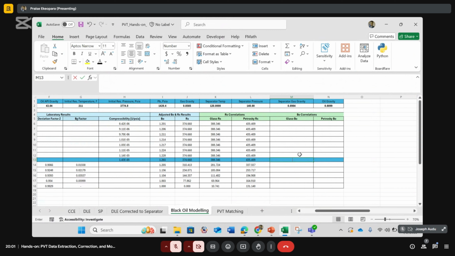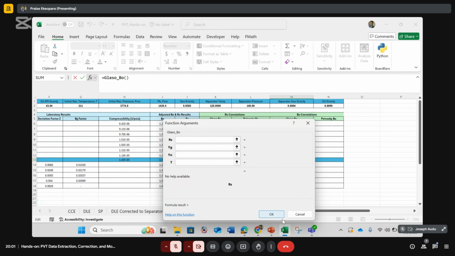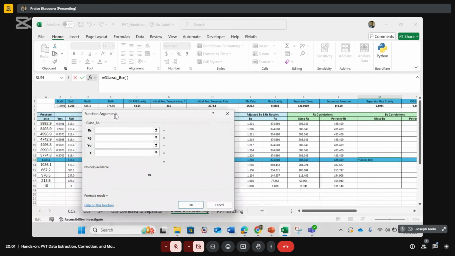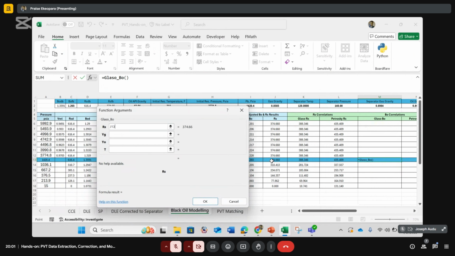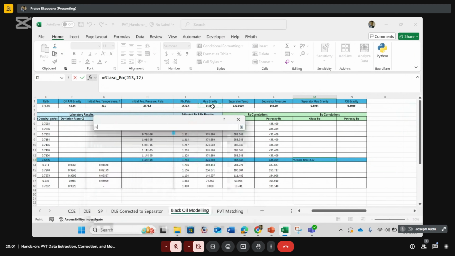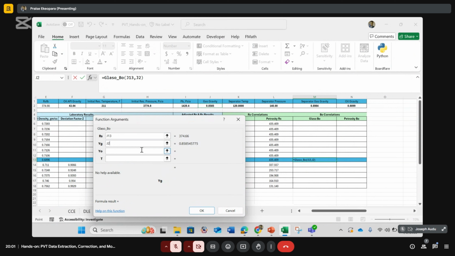So for Glaso correlation, I just need to come over here and get the RS value. Remember, the RS that we'll be using now will be the corrected one. Then our YG, which is our gas gravity, I need to lock it up.